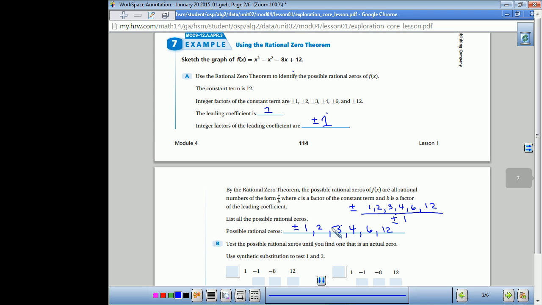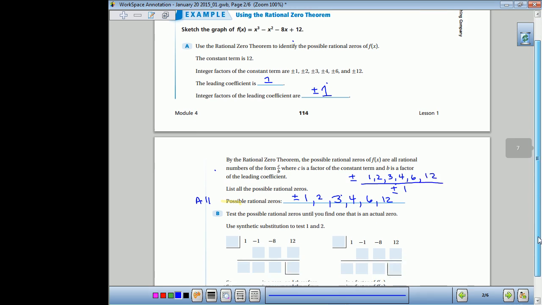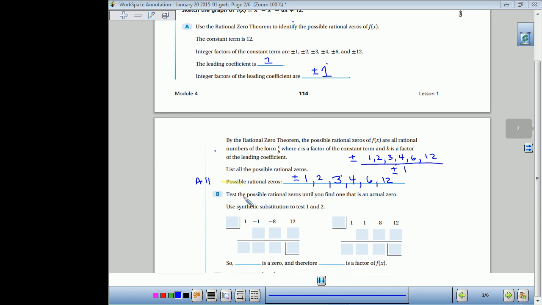Now, are all of these actual rational roots of the function? No, this is our list of possible rational roots. Now we're going to test some of these until we find one that is an actual zero.